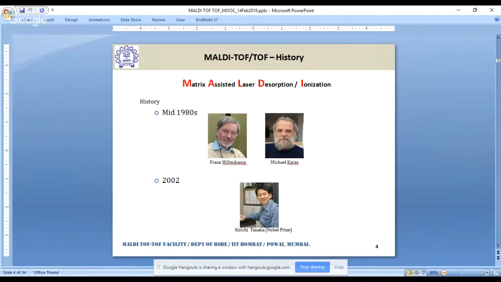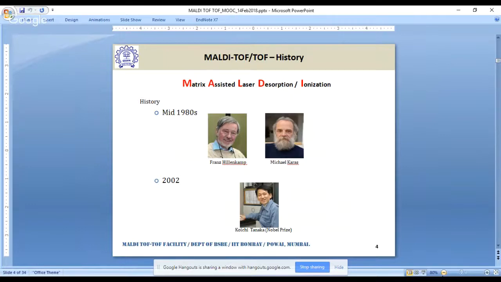This technology, which is the matrix-assisted laser desorption ionization, was developed in the mid-1980s by two German scientists, Michael Karas, who was a postdoc working in Franz Hillenkamp's lab.